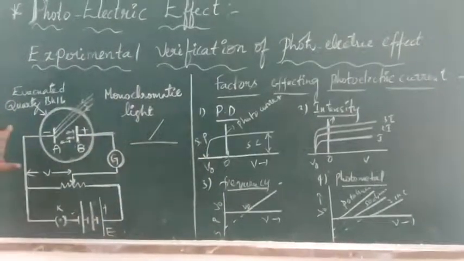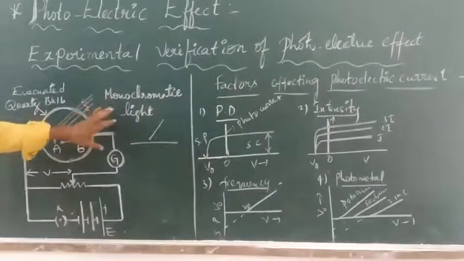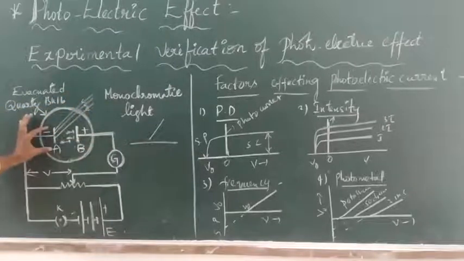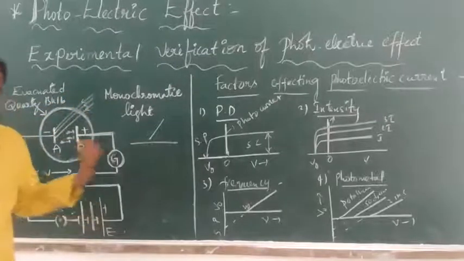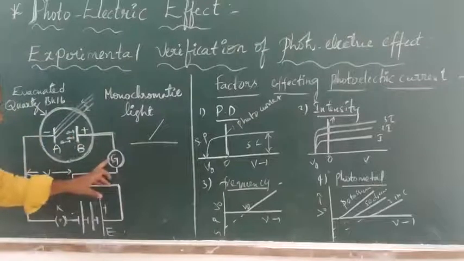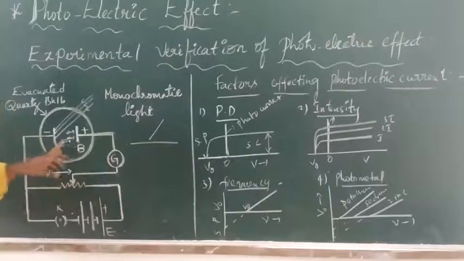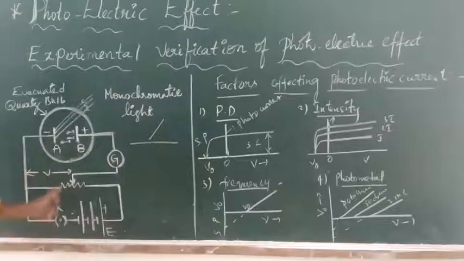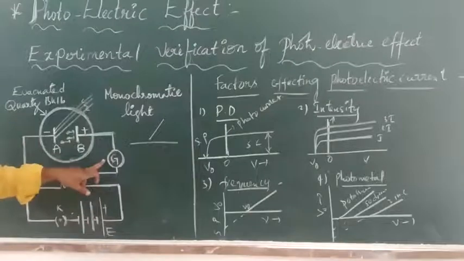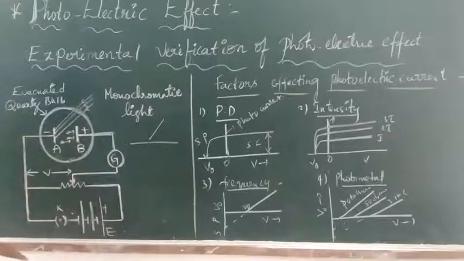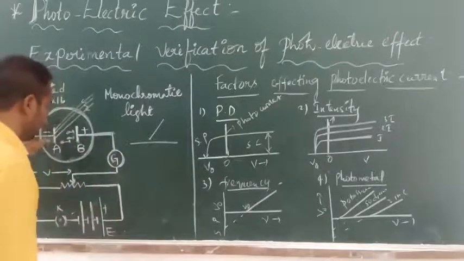Now, when no light falls on metal surface A, observe the diagram here. We have the galvanometer, plates A and B. Plate A is connected to the negative terminal, plate B is connected to the positive terminal through the galvanometer.